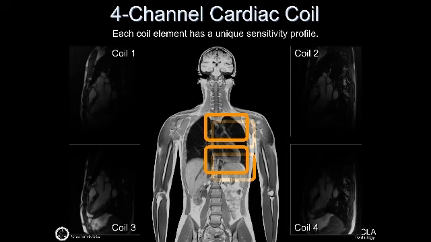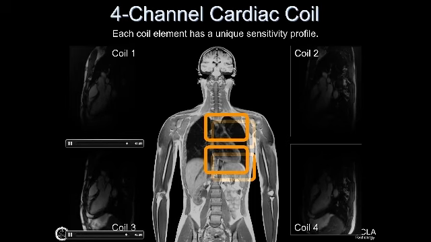What's the basic concept? Well, in this case, I use my coils. I maybe put a coil on the chest, and I have a coil in the table behind the person's back. Each of those loops of wire gets a slightly different picture of the underlying anatomy, and so you'll see the shading on each of these coils is slightly different.